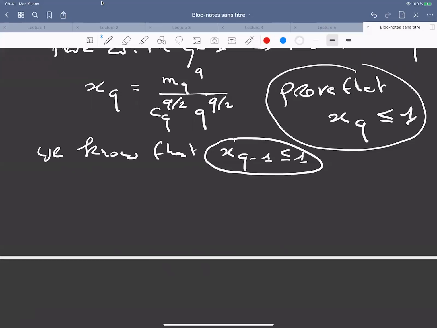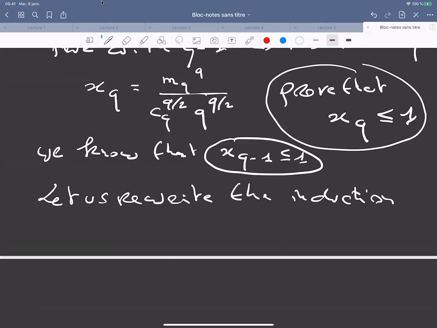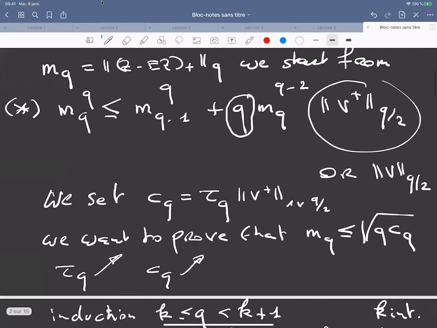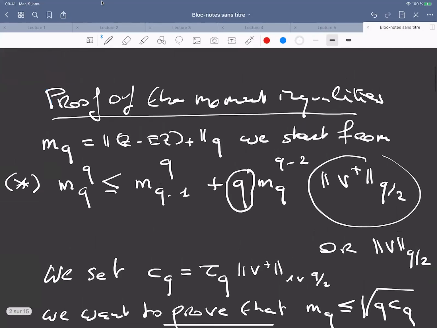So now we rewrite the induction inequality with these new quantities XQ. So remember what is the structure of star, which is there. So you see that we have to substitute XQ to MQ, which is easy.